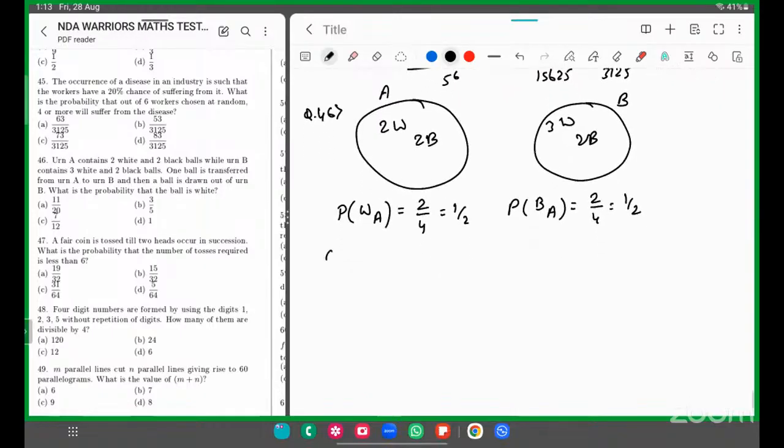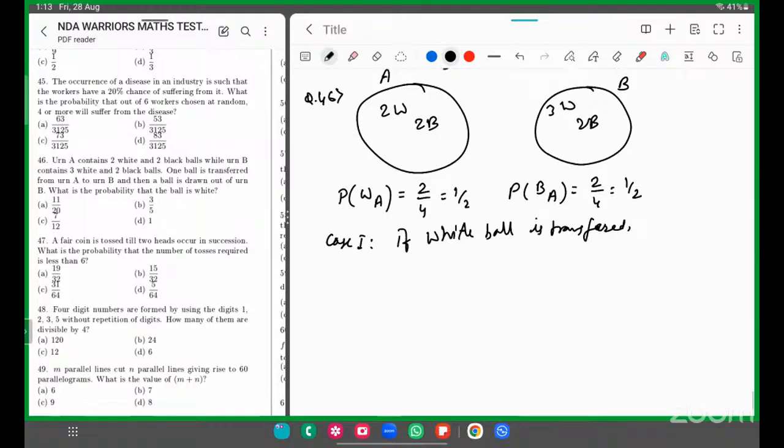Case 1: if I transfer a white ball, then B will have 4 white and 2 black balls.